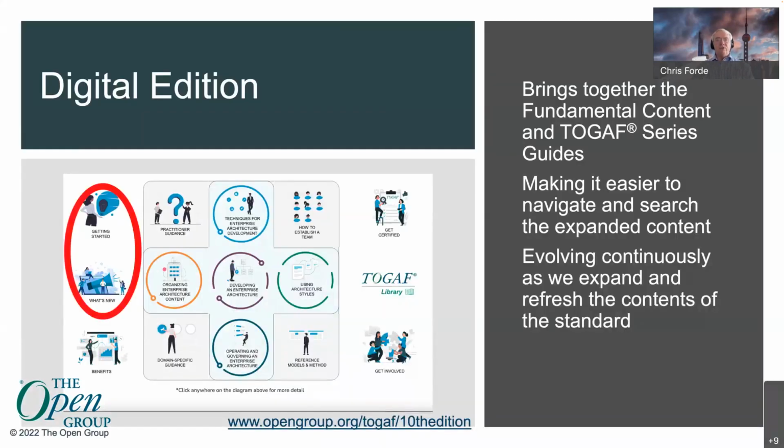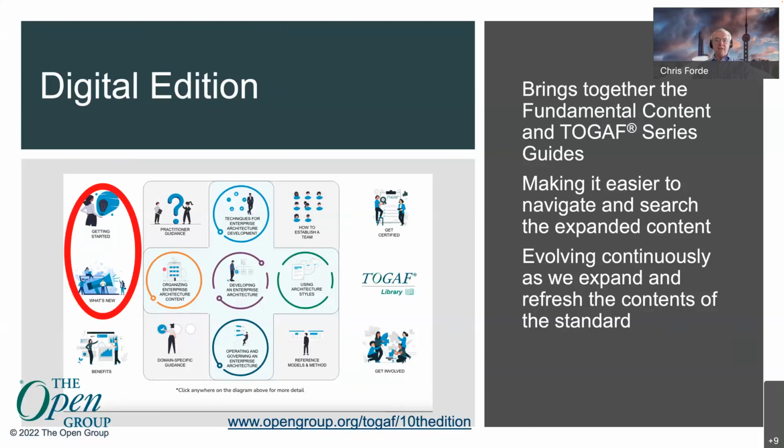Going back to the formats here, the digital edition available in HTML is available online and navigable from the landing page illustrated here. I've circled in red here in the first column the getting started on what's new material that leads you down into the white paper. Okay? But in the second column, you begin to look at specific content organized around a practitioner's view or EA content or domain-specific guidance and so on in terms of this navigation pane.